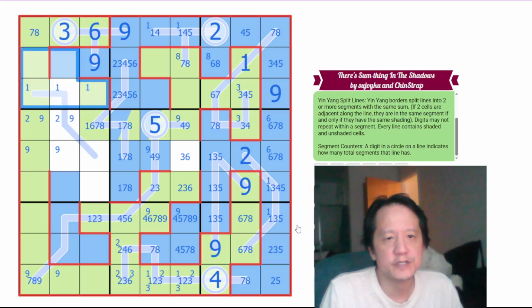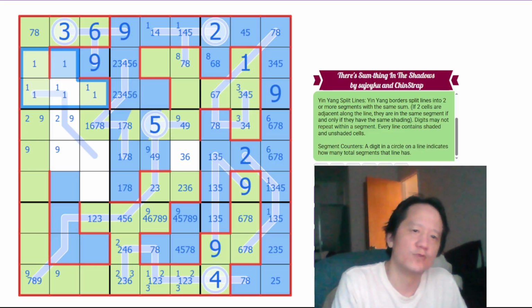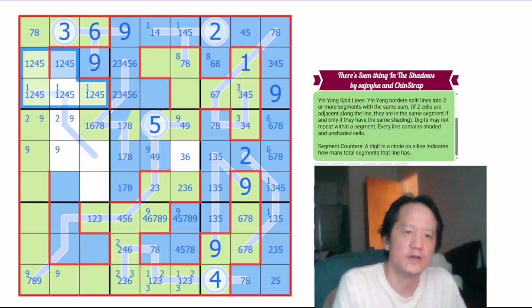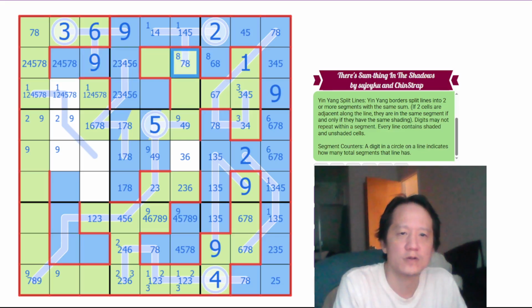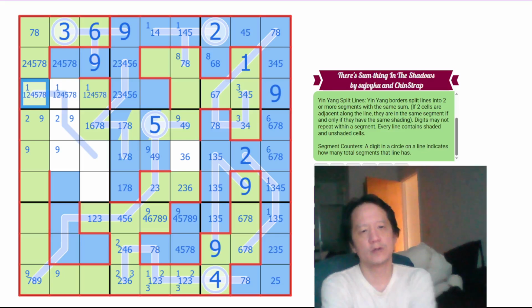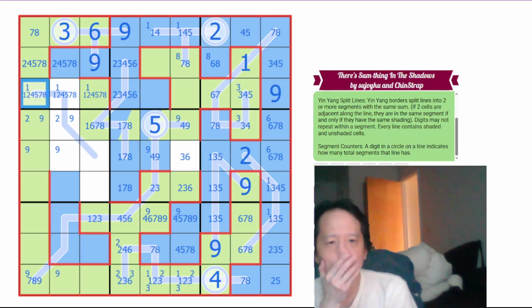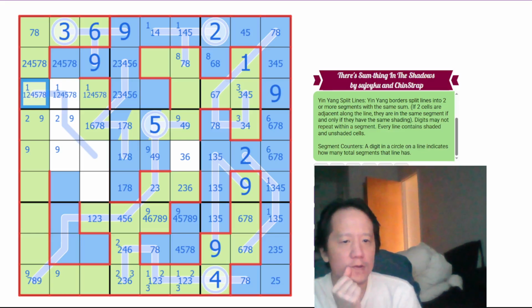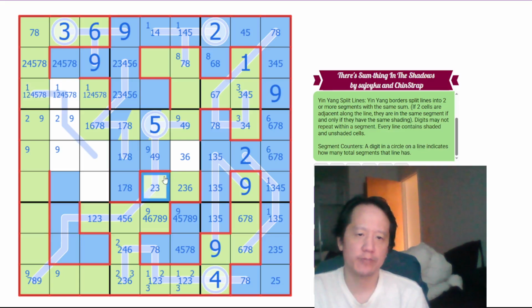What are the remaining digits in box 1? We have 1, 2, 4, 5, 7, 8, but this can't be 1 here or 1 here. Okay. This can't be 1. This could be 2, 3, and 4, though.